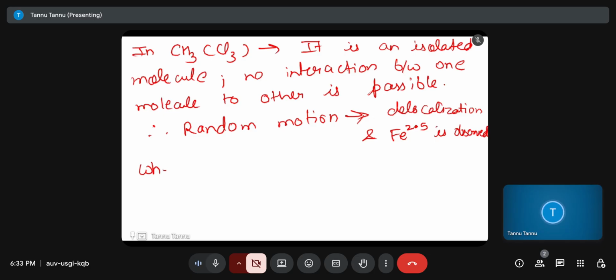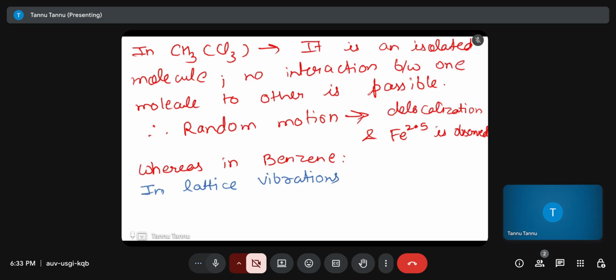Whereas in benzene, lattice vibrations are possible.